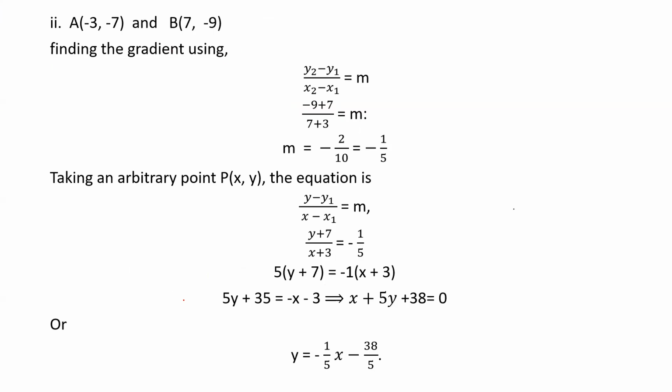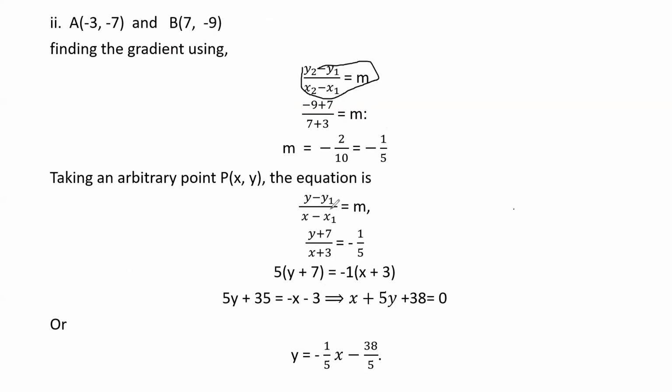So we first find the gradient as we know: y2 minus y1 over x2 minus x1. And so that's why I get minus 1 over 5. So the gradient equation now is here.